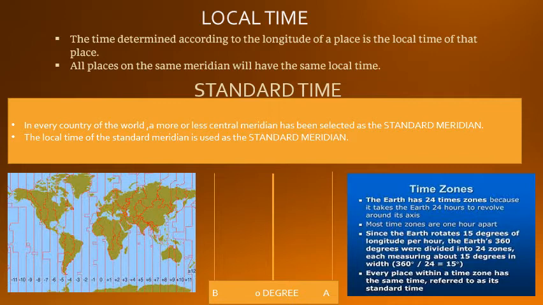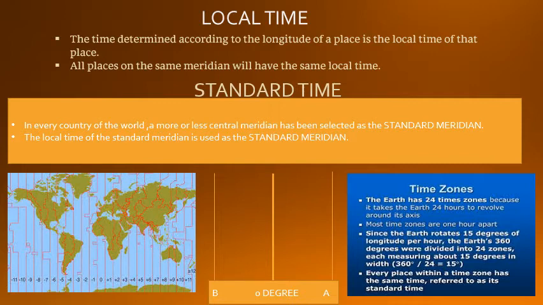It means 240 minutes or 4 hours. As A is located towards the east of the prime meridian, the local time at A will be 4 hours ahead of the Greenwich Mean Time. It means it will be 4 p.m.